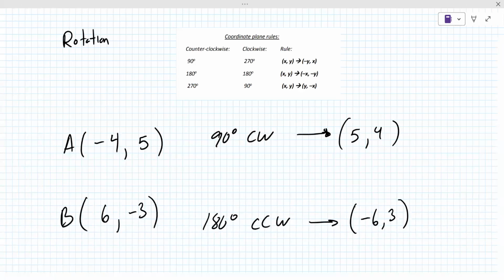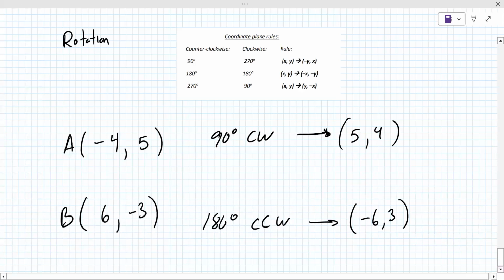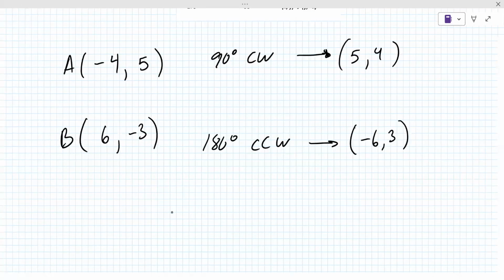Good. All right, now I want you to dilate both A and B by k equals 2. Then that would be -12, +6.